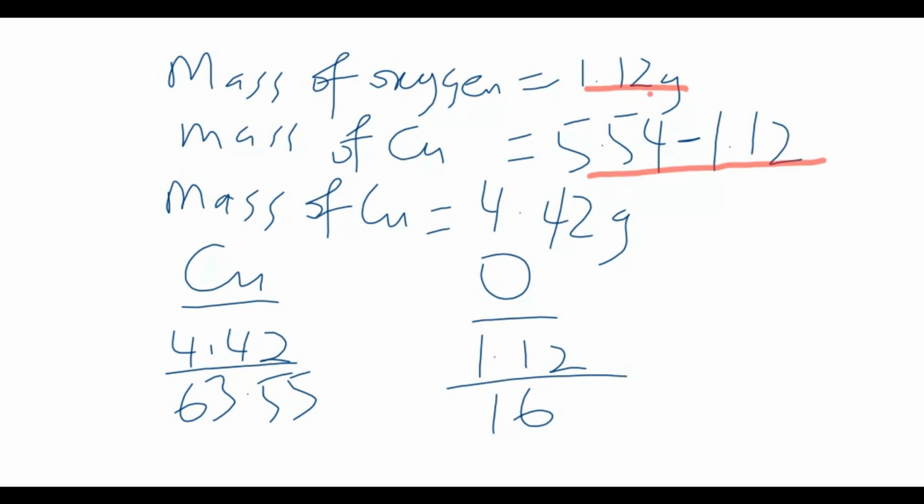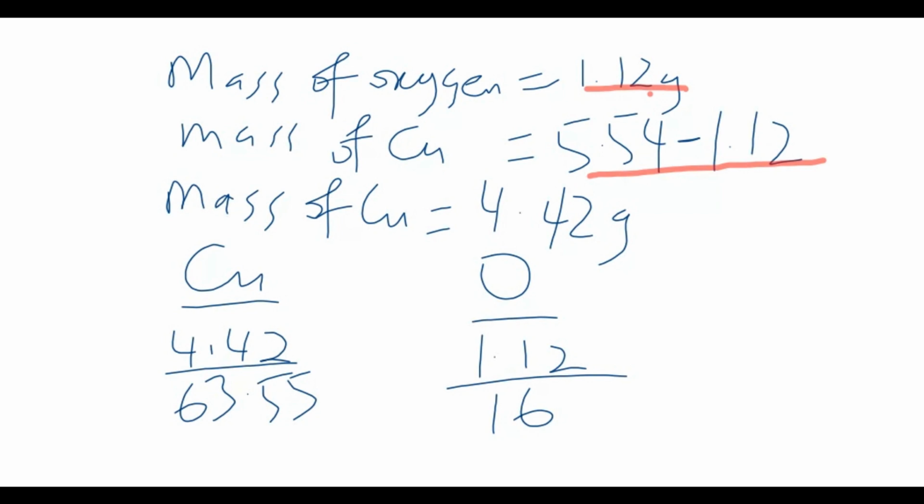Now, we are done with the word problem aspect. What we are left with is just calculations with regards to empirical and molecular formulas. First of all, we are just going to find out the moles of copper and then the moles of oxygen in the compound copper oxide. We are going to use the given masses and then the molar masses to do that.